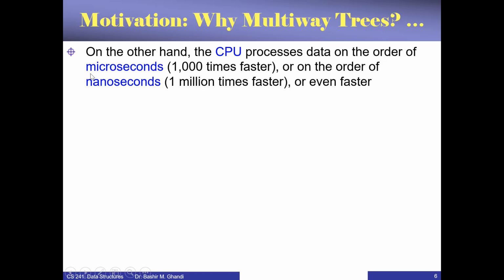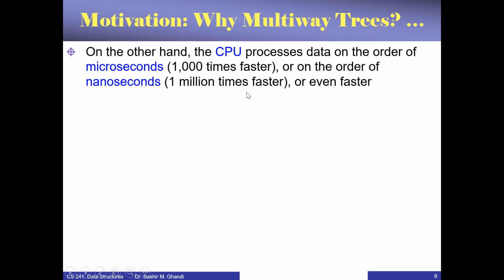For example, it could be in the order of microseconds, which is 1000 times faster than milliseconds. In fact, some modern computers now can process information in the order of nanoseconds, which is 1 million times faster.